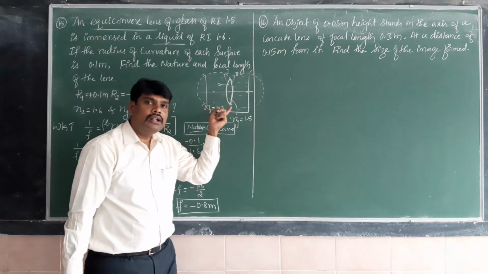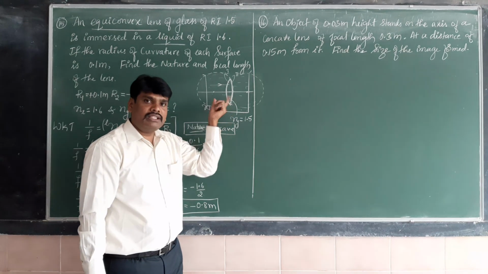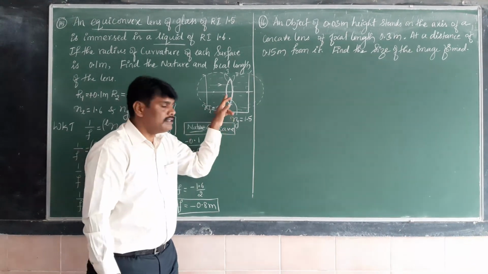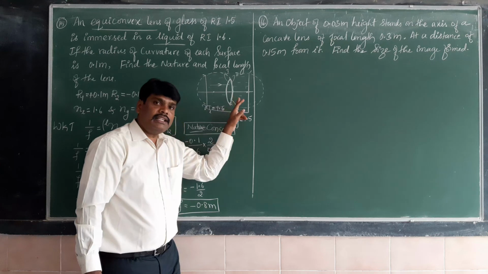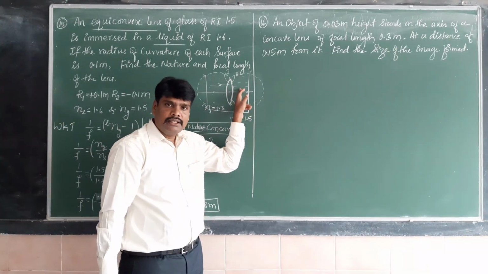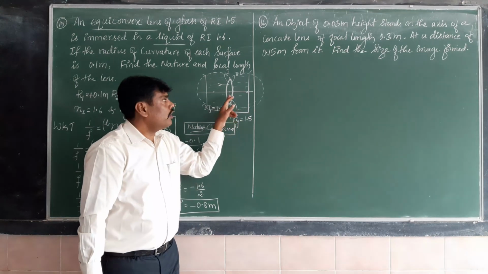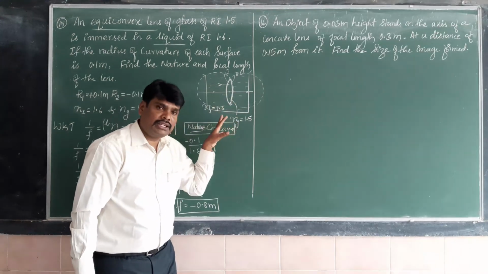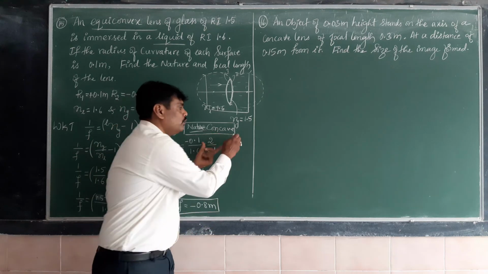A diverging lens is called a concave lens. A converging lens is called a convex lens. Now actually it is a converging lens. Since it is surrounded by a high refractive index compared to the refractive index of the glass, the convex lens in this situation behaves like a concave lens.